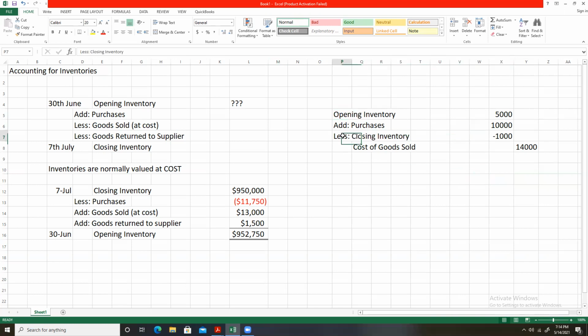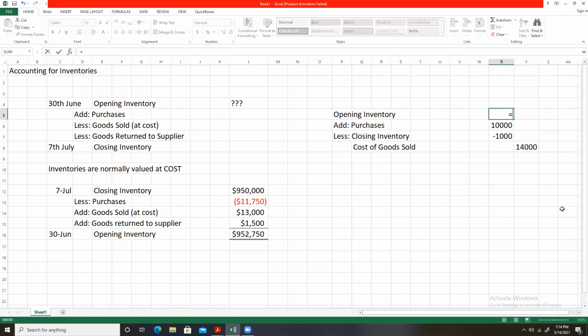Now it means that next year's opening inventory will also be understated. So let us see what will happen to the cost of goods sold if we understate the opening inventory.